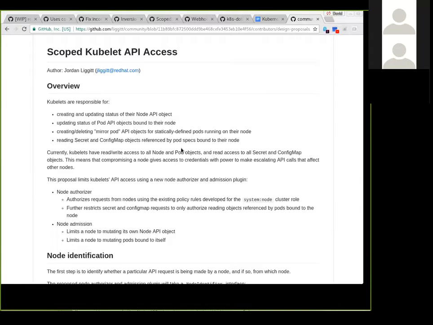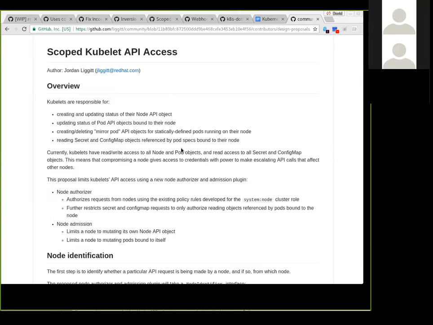So in particular, the contents of the request body has not been parsed at this point. And so we can, in broad terms, say, yes, you are allowed to create a pod, but we can't decide if you're allowed to create this particular pod based on some attribute because that's inside the request body.